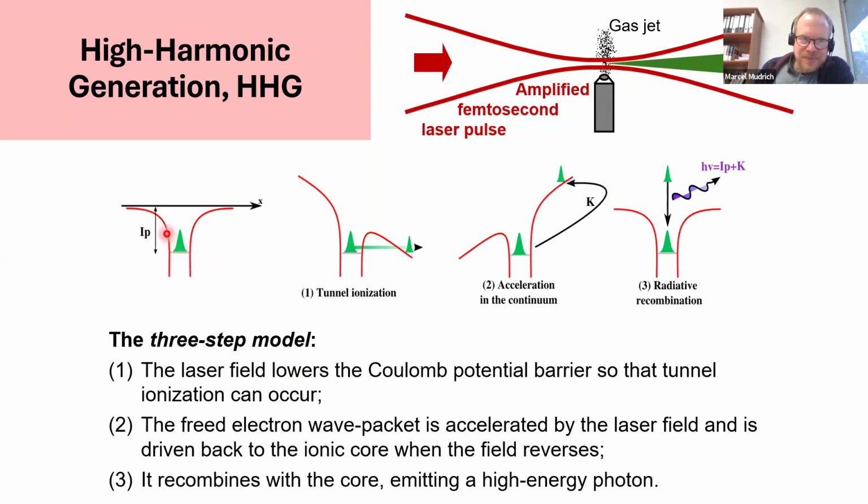So let's start with looking at one electron in a bound Coulomb potential well in this bound state, which is represented by this green wave function here. Now the infrared laser pulse comes, and it's an intense pulse, so it has a strong electric field. The electric field produces an electric potential, which depends linearly on the radial coordinate.